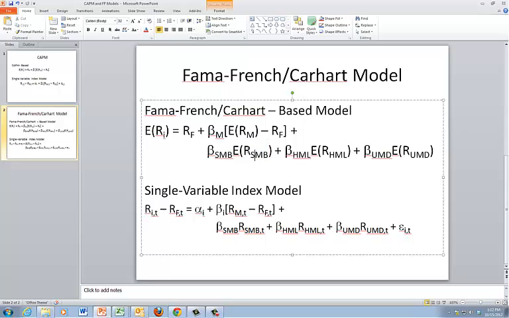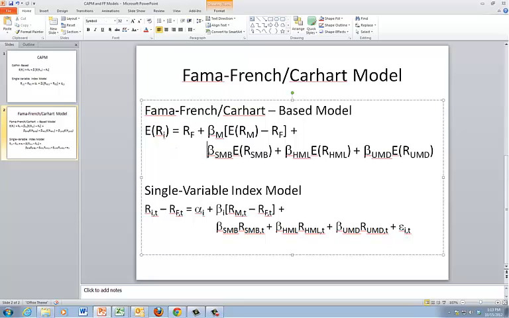So all we then have to do is take the reward to bearing the risk and scale it by however much risk there is to this asset or portfolio. So this beta SMB is just the amount of SMB risk inherent in this asset or portfolio, just like beta M is the amount of market or systematic risk inherent in this asset or portfolio.